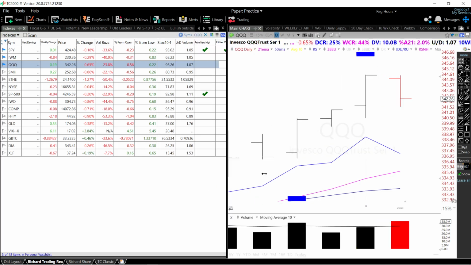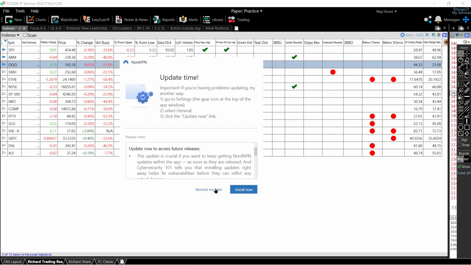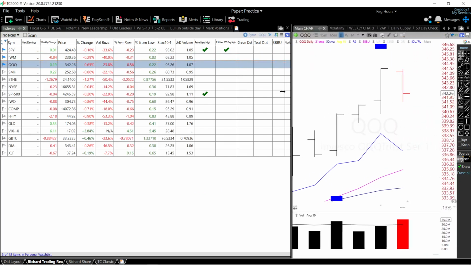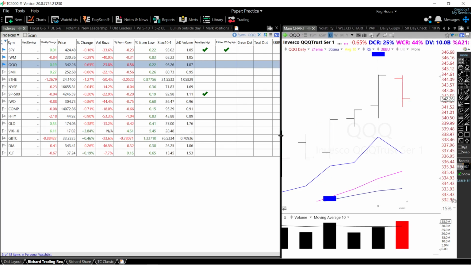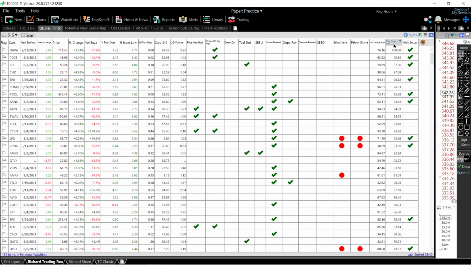And a simple method to find outperformance is on a day like this where the Qs closed at 25%. You can actually see it right here. That was the daily closing range on this day, the 15th. So remember that number, 25%. If you go over to a list of stocks, you can see that if we sort by that in TC2000, you've got a whole bunch of stocks closing with 90% closing ranges on this day.